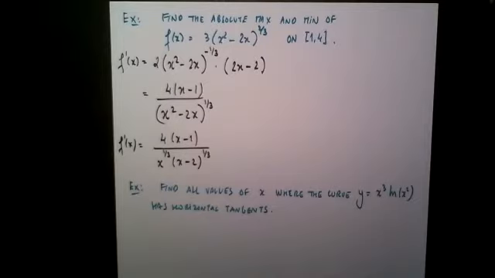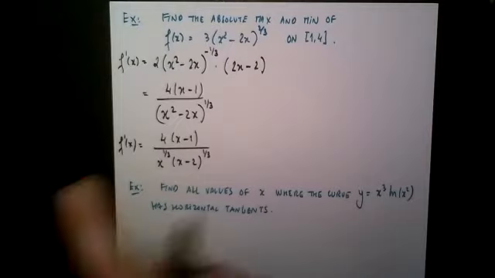Now, what are my critical numbers here? Can you tell me? One and two. Just 1 and 2? Yeah. I see another one. There's 0, but it's not in the interval.